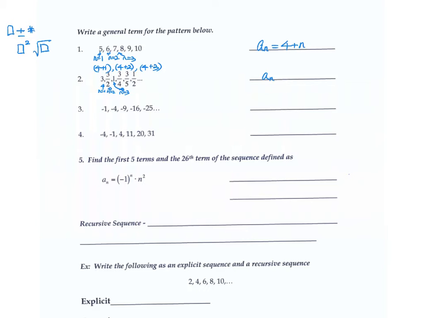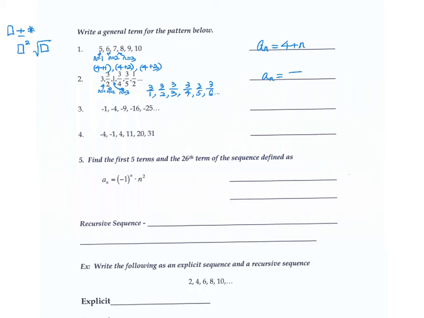Fractions, I'm going to try to rewrite it all into fractions. So it's 3 over 1, 3 over 2. And the third number, 1, is 3 over 3. And now a pattern emerges, doesn't it? 3 over 4 and 3 over 5 and 3 over 6 is 1/2, so on and so forth.